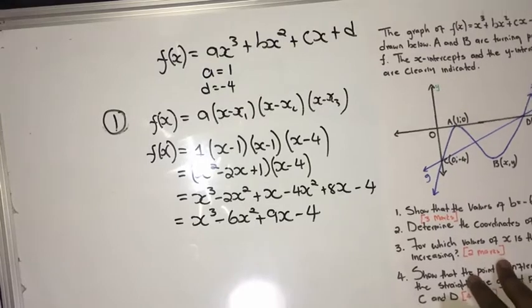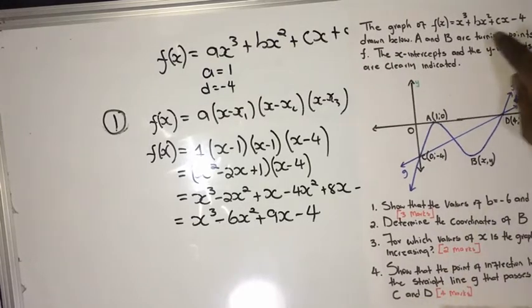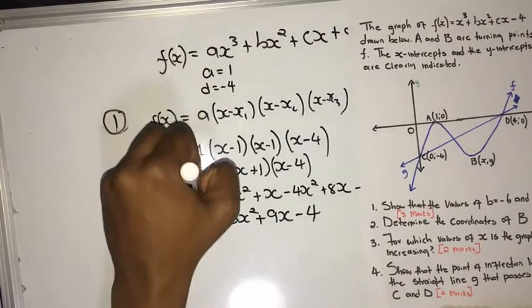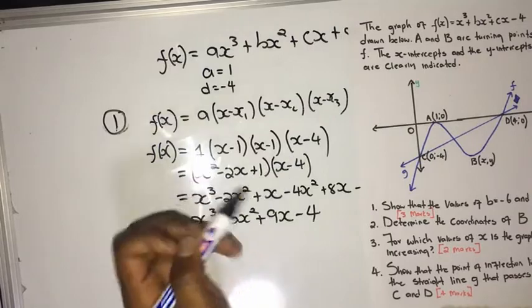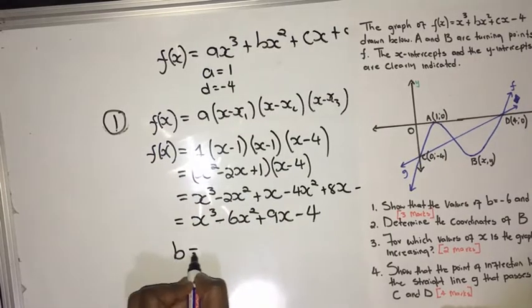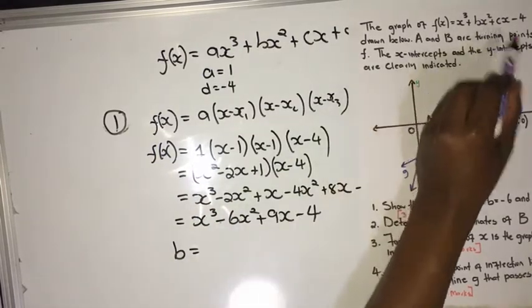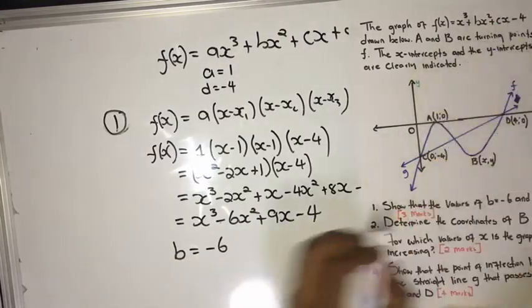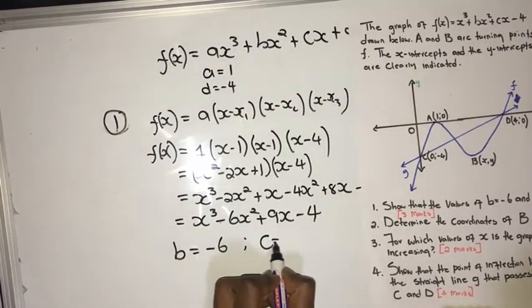So now we need to compare it to what we were given before. We know that our a is 1, and then our b, as the coefficient of x squared, we can see here it's minus 6. Now c, as the coefficient of x, we can see here is positive 9.